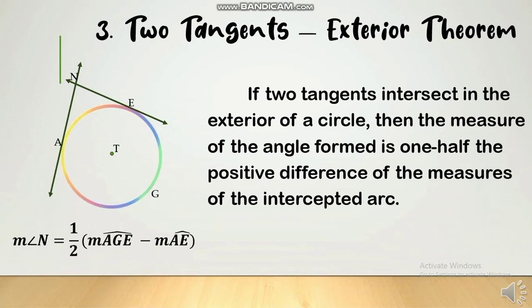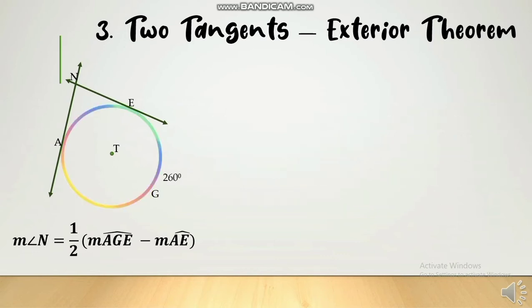So just like earlier, for the difference to be positive, the bigger arc or major arc comes first, minus the smaller arc or minor arc. For example, the measure of arc AGE is 260 degrees. Therefore, the remaining arc is 100 degrees.